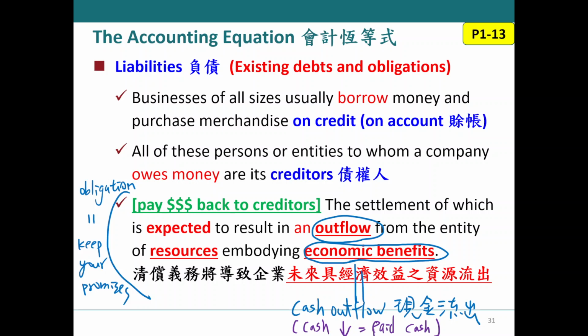So when you pay back something in the future, that will make your economic benefit outflow. That will make your cash outflows, right? Okay. So don't forget, not only today, obligation means keeping the promise in the future. So they will make your cash outflow in the future. Any questions? No?